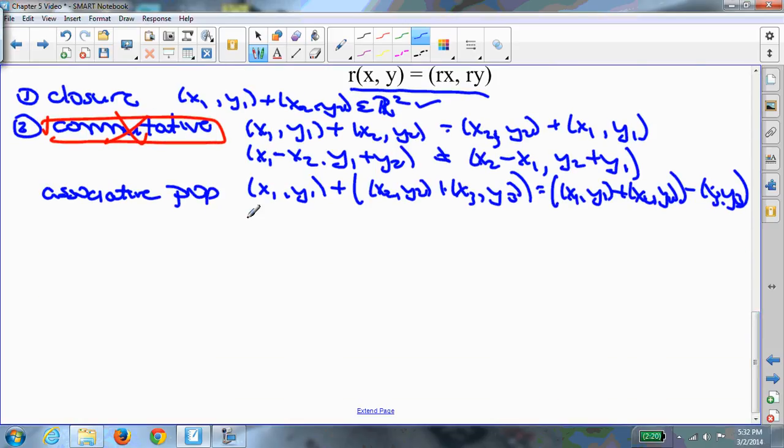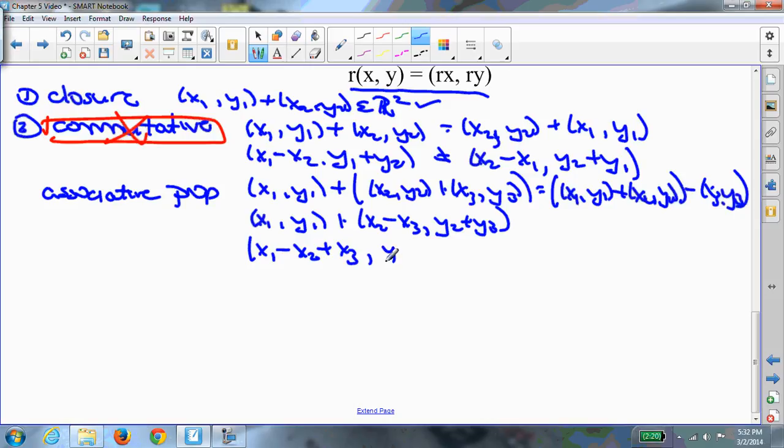So if I use this idea of addition that I've defined, this would be x1 comma y1 plus x2 minus x3 comma y2 plus y3. And then one more addition would make this x1 minus the quantity x2 plus x3, because I would subtract both of them, and y1 plus y2 plus y3.